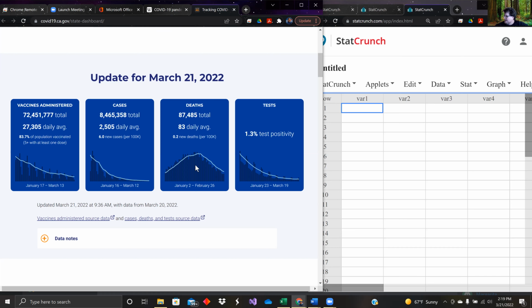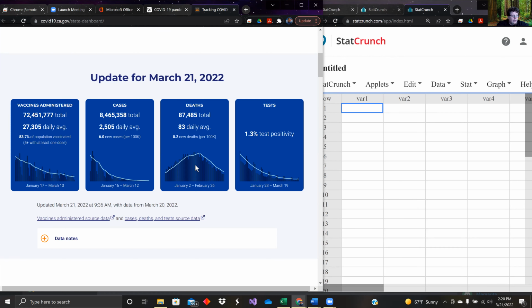Now, this includes data from before vaccinations and after vaccinations. So it doesn't show the effectiveness of vaccinations per se, but it does lead to the topic that we're looking into.